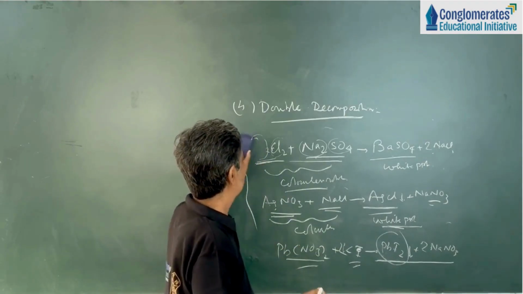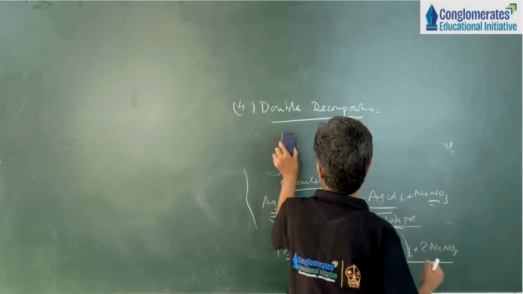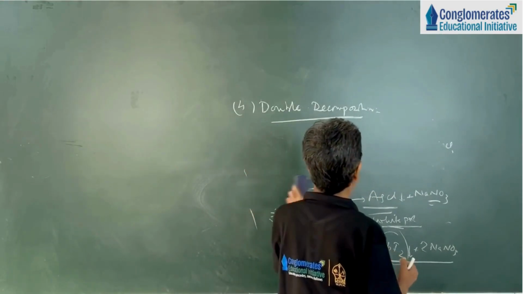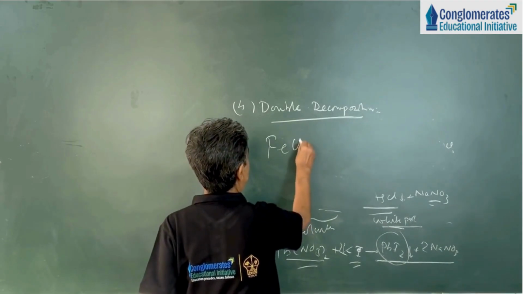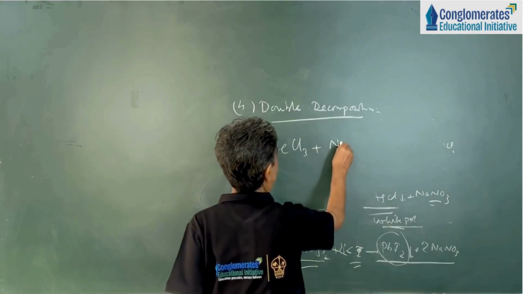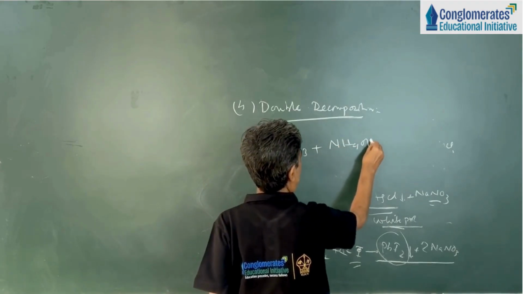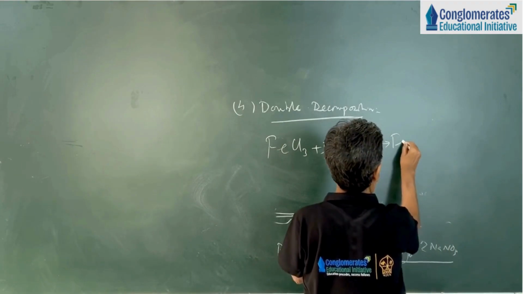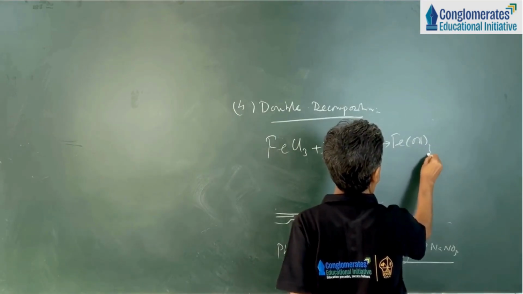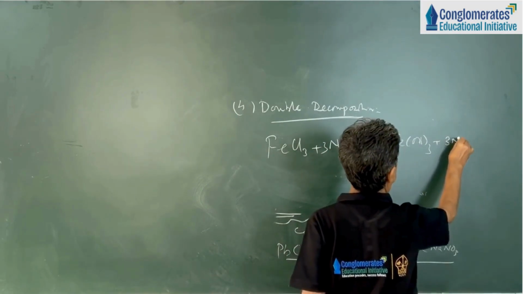Just one more example I'll give you, then it will complete this topic, these 4 types of reactions. Suppose FeCl3 plus NH4OH, we get Fe(OH)3 plus 3NH4Cl.